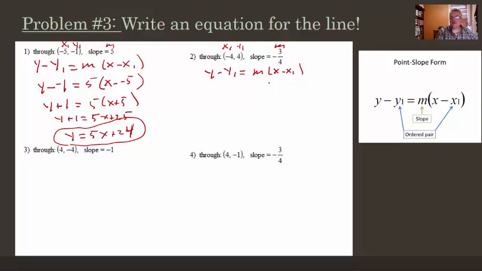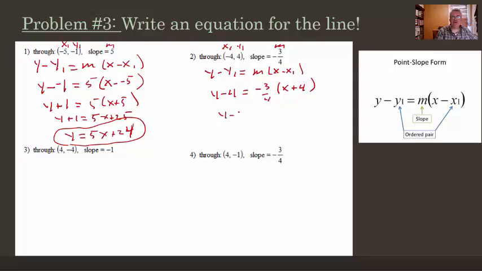Okay, use this whenever you know a point and a slope. So we're going to substitute in. y1 is 4, so this would be y minus 4 equals m, that's the slope, times (x minus x1). That'd be x minus a negative 4, the same as x plus 4, because I'm subtracting a negative.